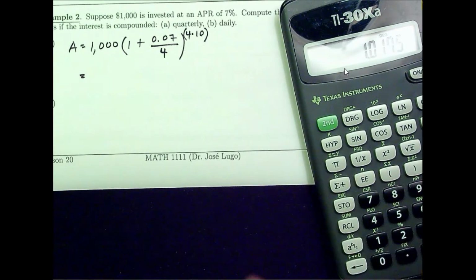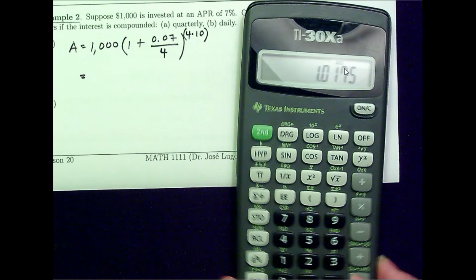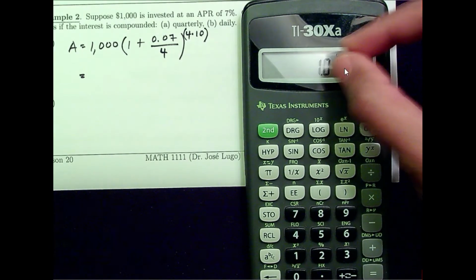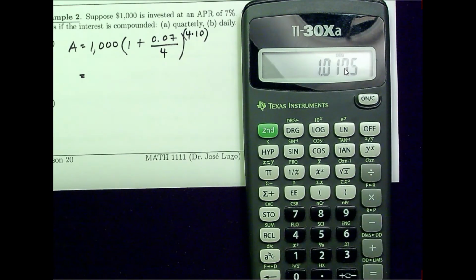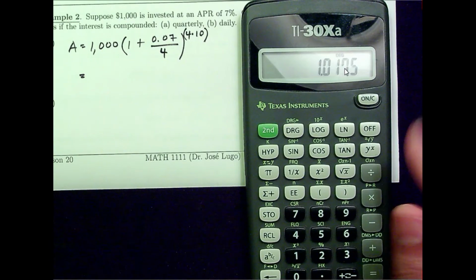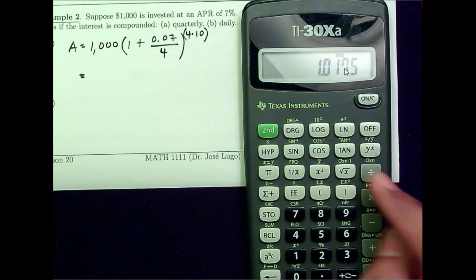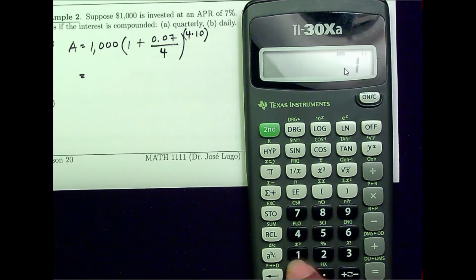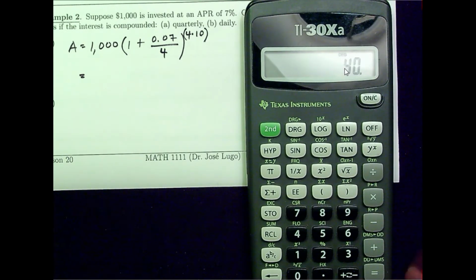At least for this calculator that is a cheap one. Some calculators you don't have to do that. If it's one of those calculators where you see the exponent real small on the top, then you don't have to do that. But for this one, I have to. So I'm going to put parentheses 4 times 10 close parentheses. So you see that gives me 40, which is 4 times 10.